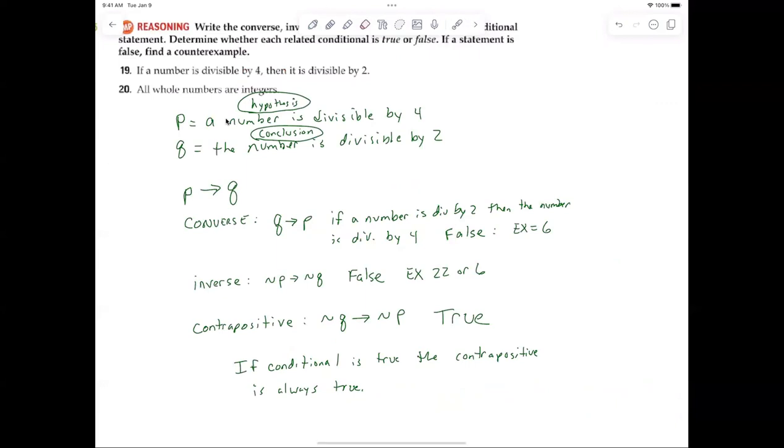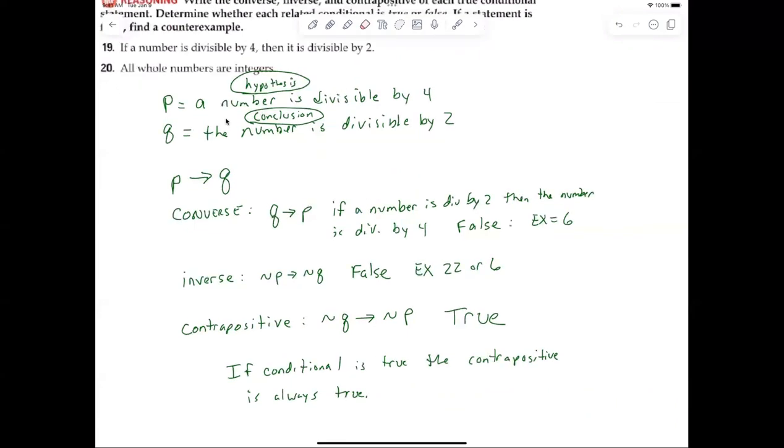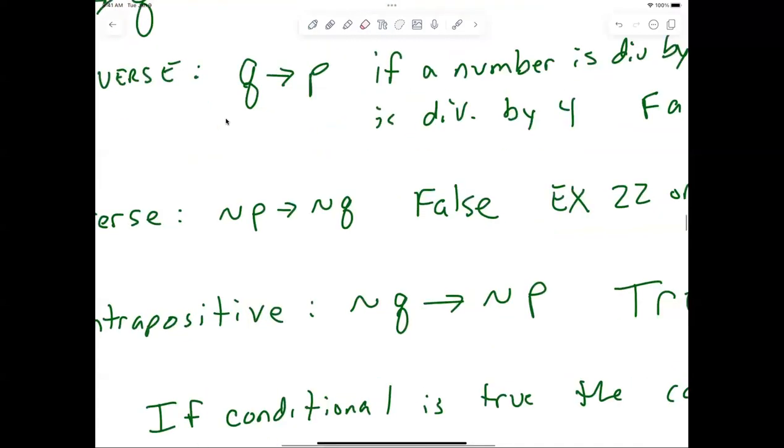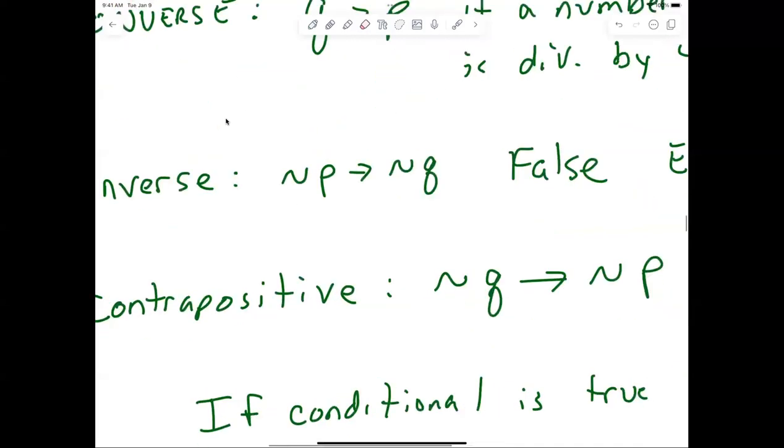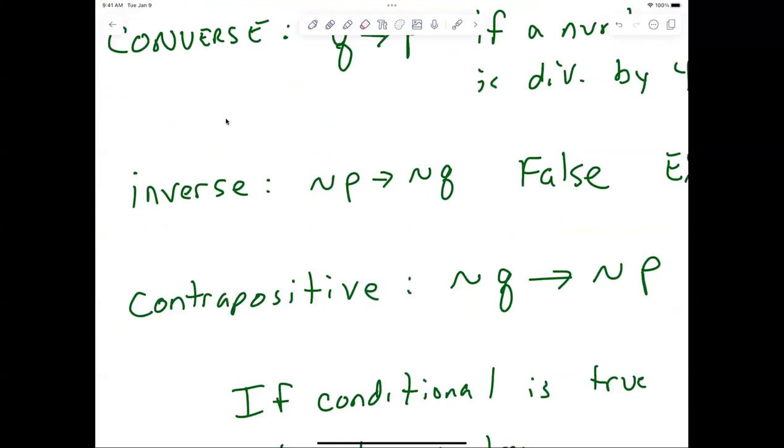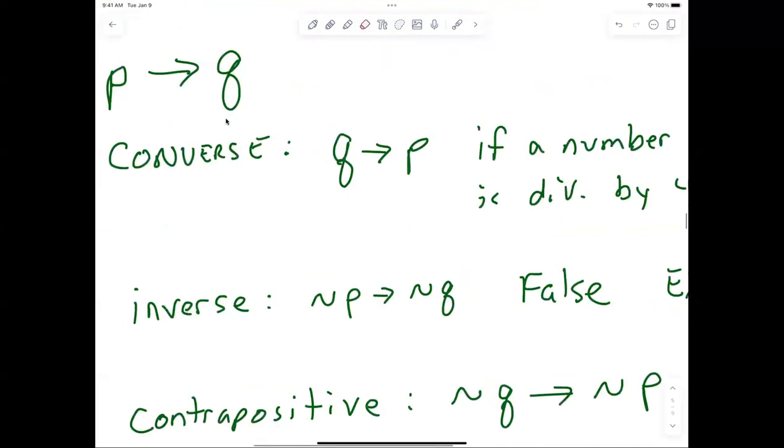For the inverse, we make them both negative. That's what you're supposed to be able to tell me, just based off of the symbolism. P implies Q is the conditional.